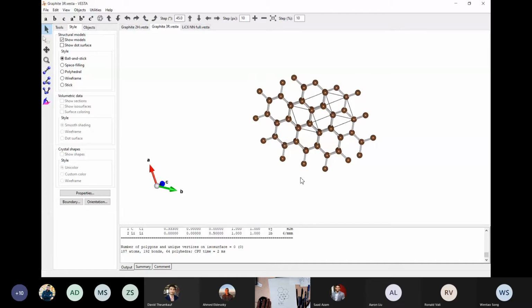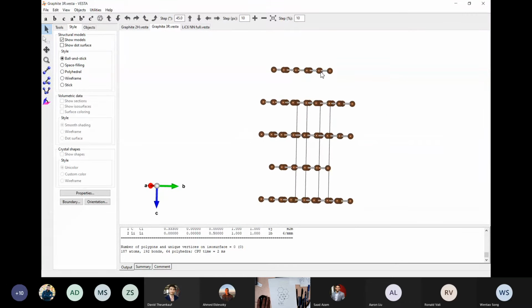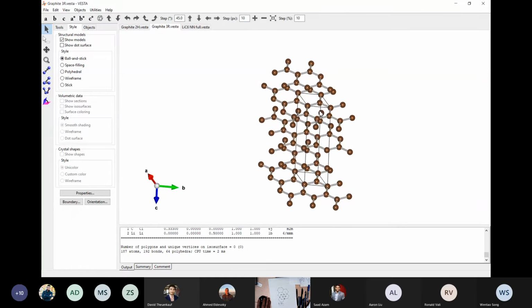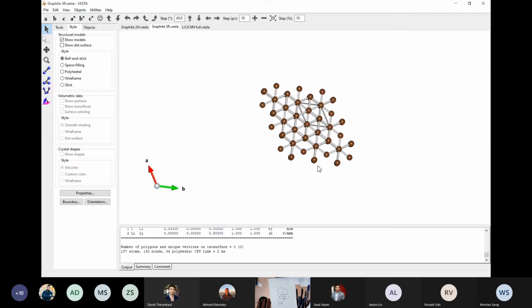What's happening here? It's ABC, ABC, right? Okay, here we are from the top. So now you can see that you've got carbon atoms on each of the A, B, and C sites corresponding to what I drew on my piece of paper.